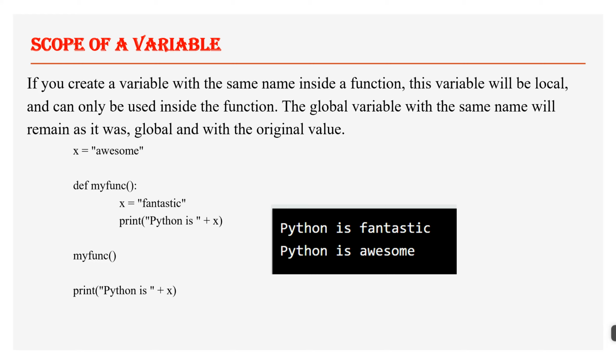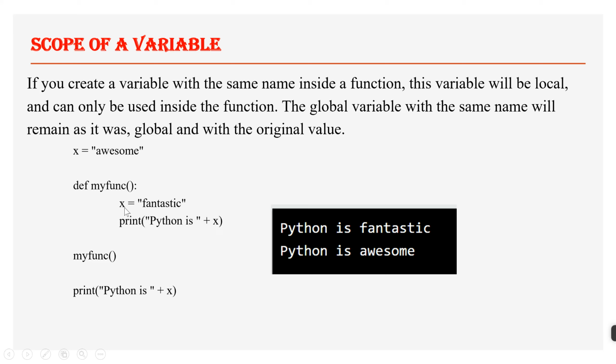Inside the function, I am redefining the variable x as fantastic, and I am printing it, and then outside the function I am using the same print statement. What difference are we going to get? Let us see.